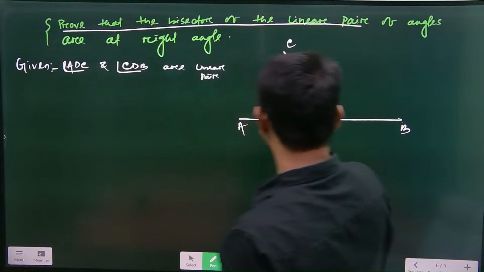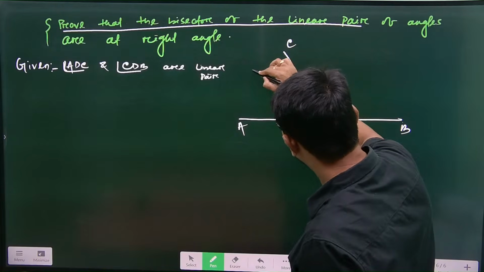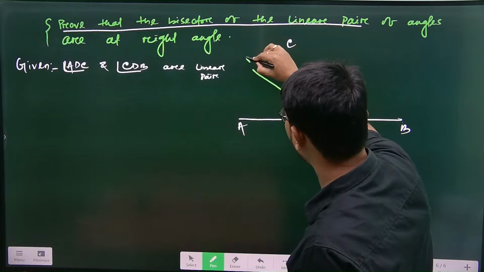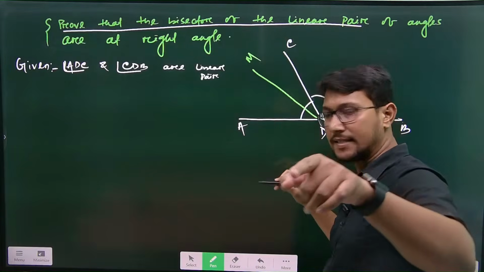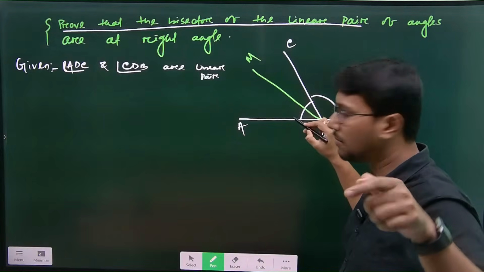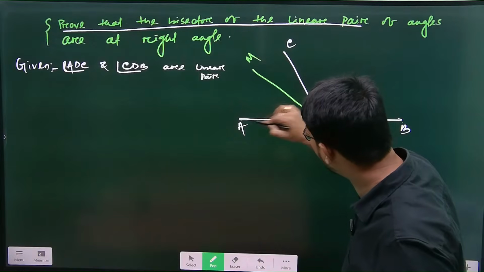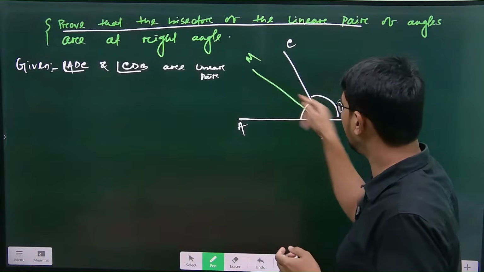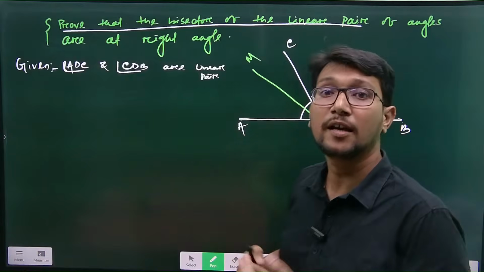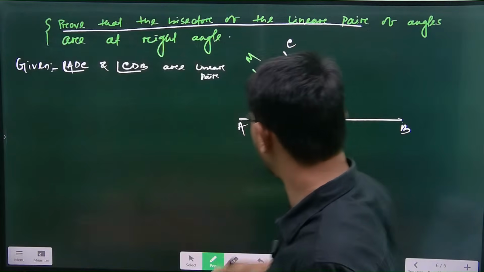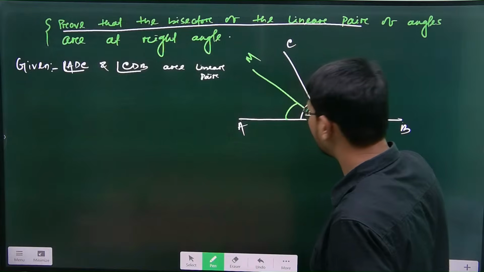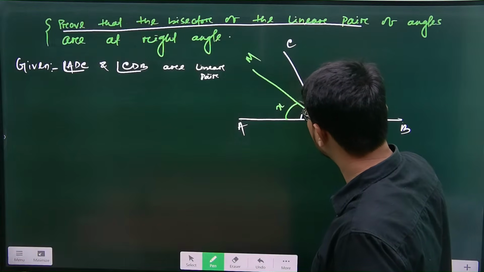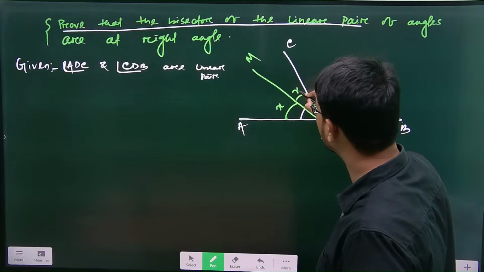Check. Bisector of ADC: how to draw? Let it be the line segment DM. DM is the bisector of ADC. What does bisector mean? DM divides ADC into 2 equal halves. So this angle is x, and this angle is also x.